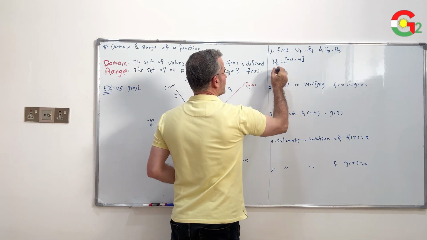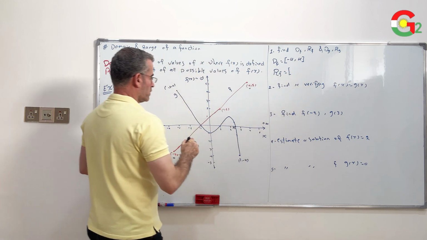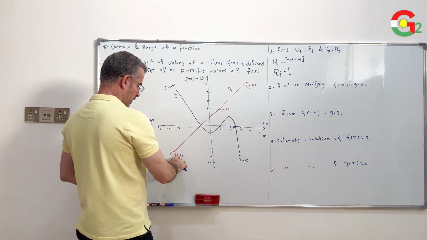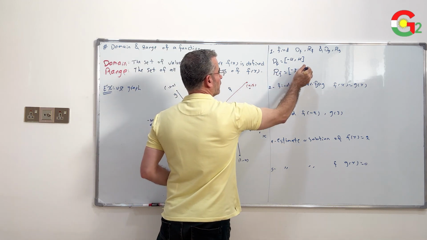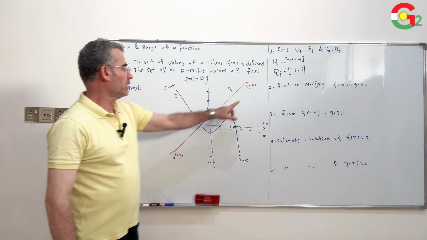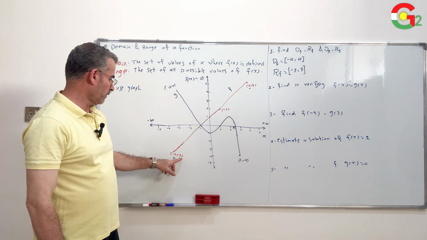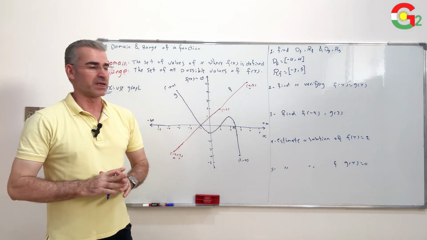Then the range of f equals the closed interval from -3 to 5. From -3 to 5, this is the value of f of x. From -4, this is the value of x.